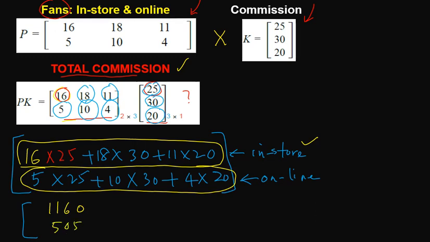And this is for the online. So the total commission you'll get is 1160 for in-store, and then 505 for online. You still get the same answer like the one we calculated just now, right?